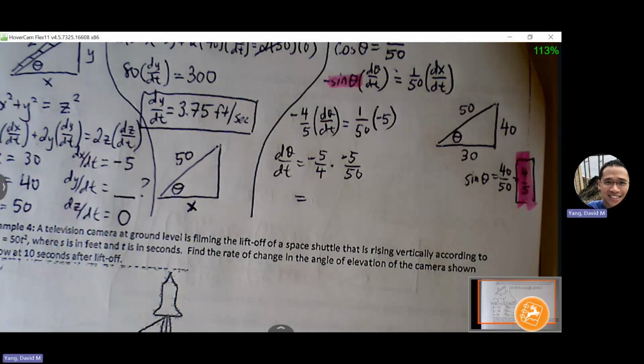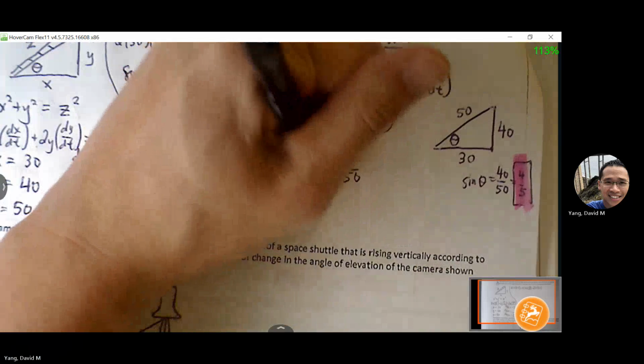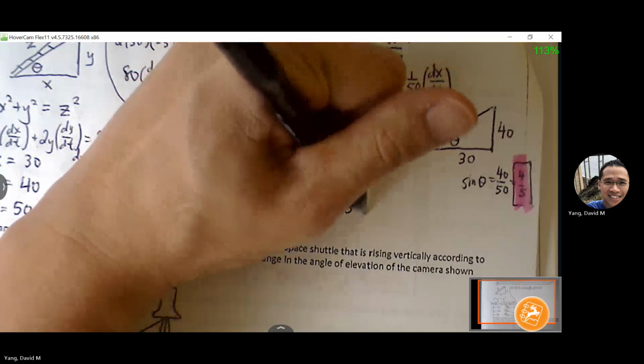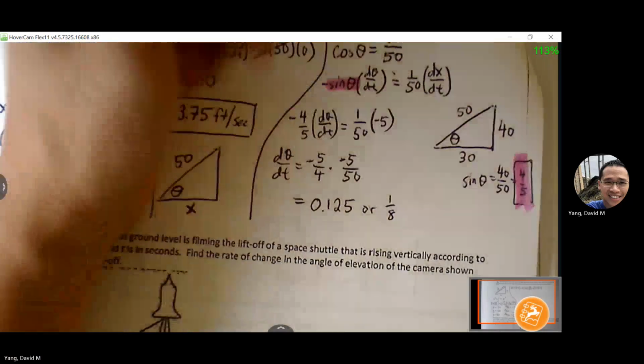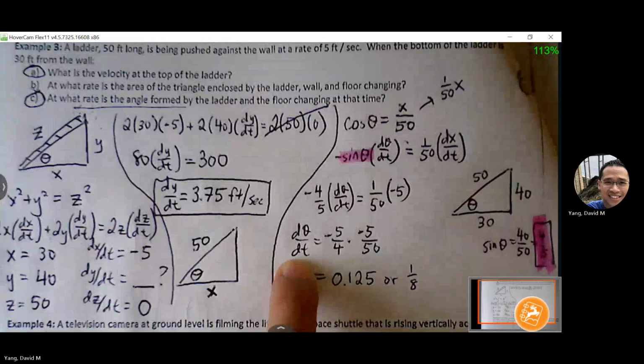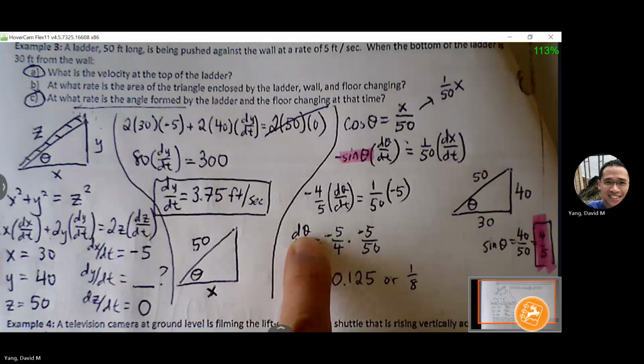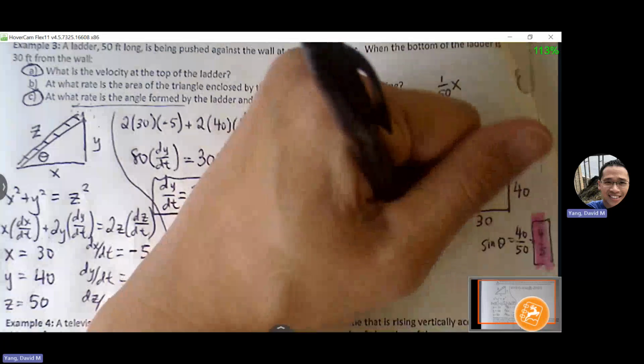That gives -.125 or -1/8. What's our unit of measure? Theta, so always radians, never degrees, so radians per time unit, radians per second.